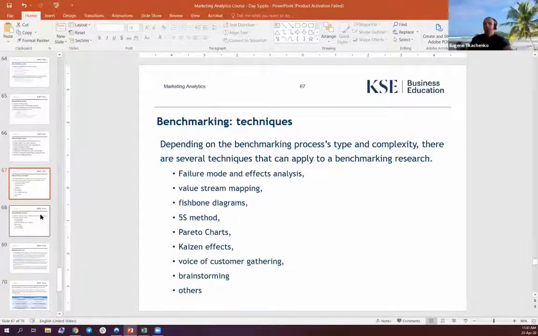So don't consider techniques as a separate part from data collection, because remember, garbage in, garbage out. The quality of your analysis is as good as your data input for the analysis. So again, some ways to analyze or to come up with benchmarking techniques.